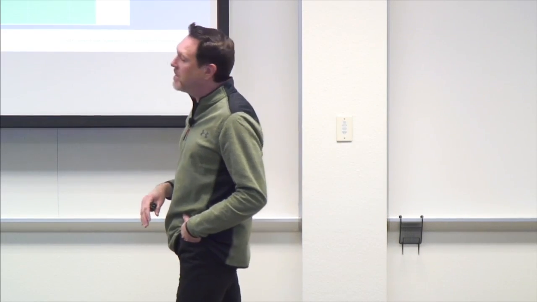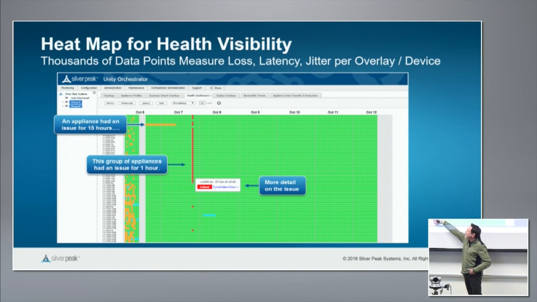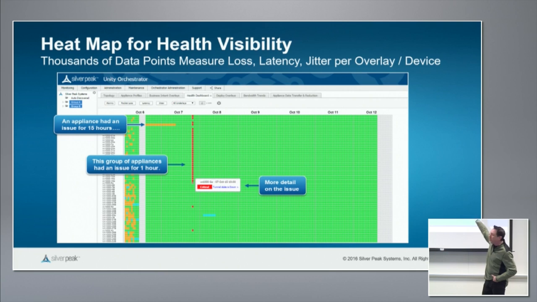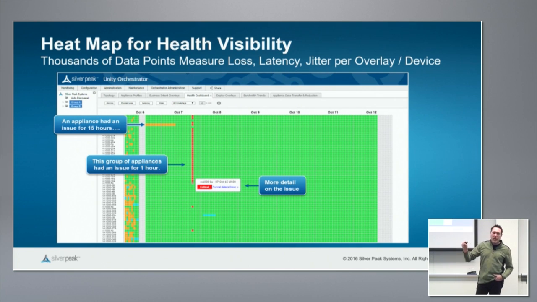The way the heat map is designed is that if you look down here on the left, these are all your sites or your locations that are in your network. And then each sort of large column represents a day. And then each pixel in this screen is the state of that device or that site on that day. So if you look into Orchestrator and everything's green, of course, you're pretty confident that, hey, the network's not the problem.